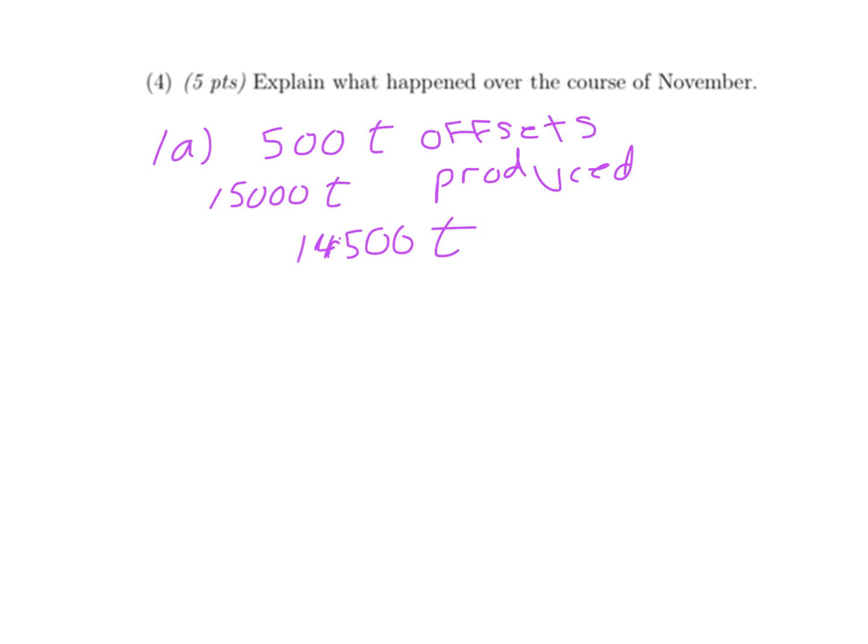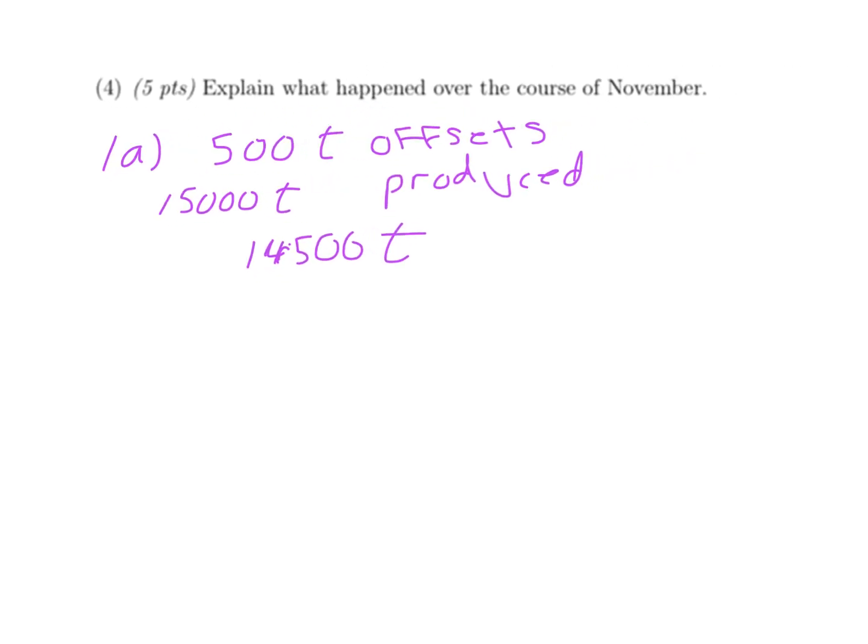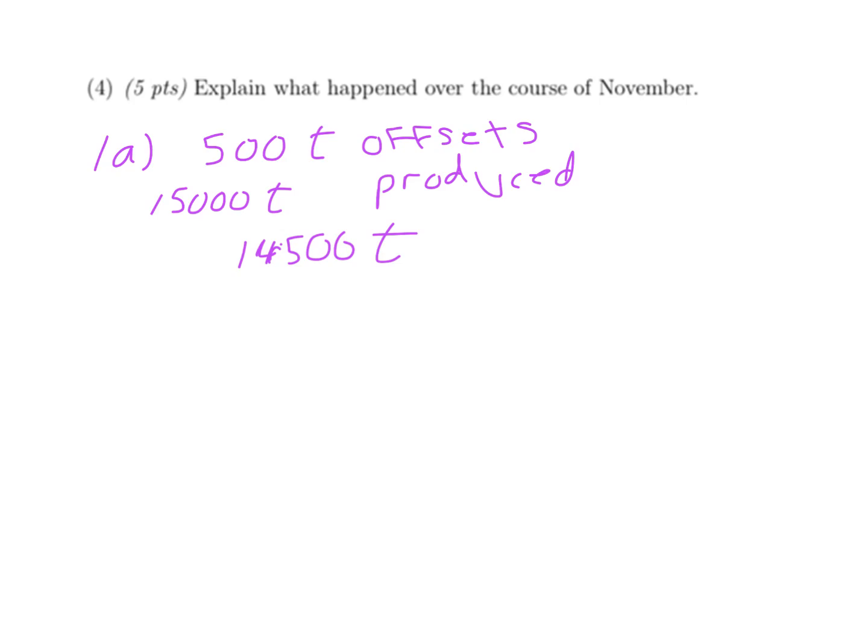And so what's happening there is, if this is what we started off with, no, this is what we ended up with for the end of November, right after the 30 days.